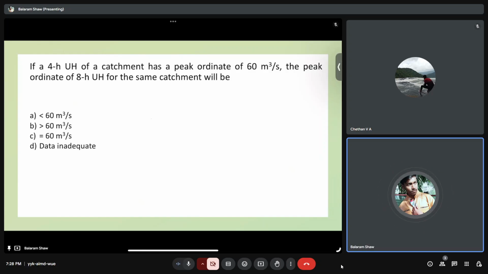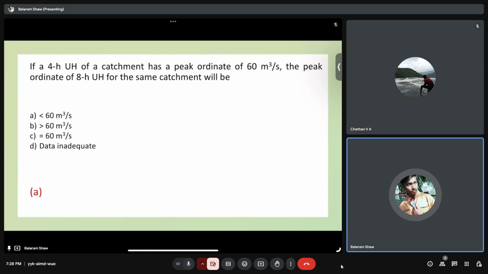So what will happen to it? Any guesses? Okay. So the correct answer will be less than 60 meter cube per second, right?